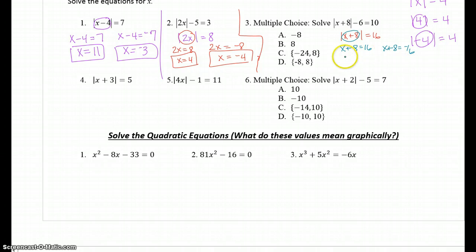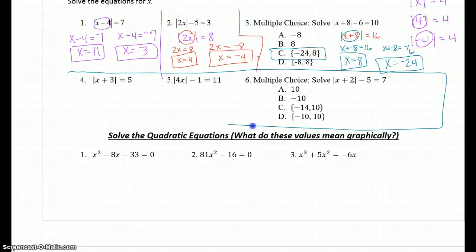So if I subtract 8 from both sides, I get 8 here. And if I subtract 8 from both sides, I get negative 24 here. Answer C.